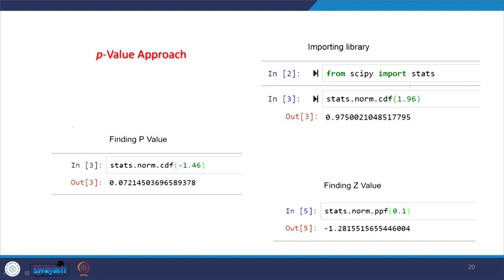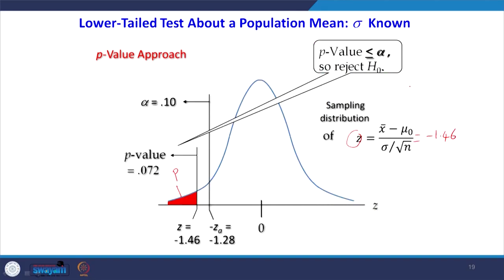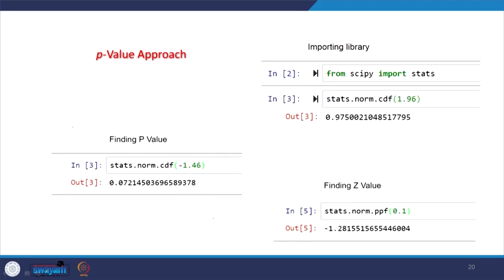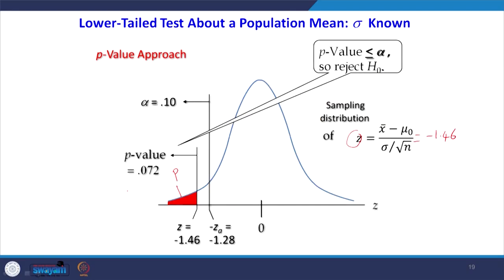Then the left side area for the z statistic minus 1.46: when you put stats dot norm dot CDF, cumulative distribution function, of minus 1.46, we get the probability 0.07.